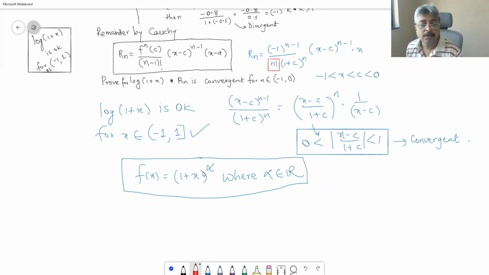Okay, so now the job with you is f of x equal to 1 plus x raised to alpha, where alpha is a real number.